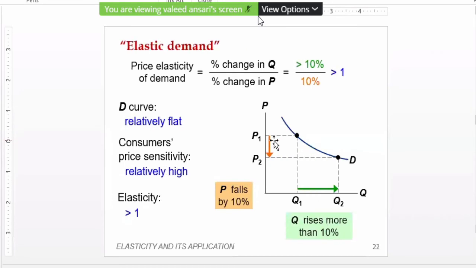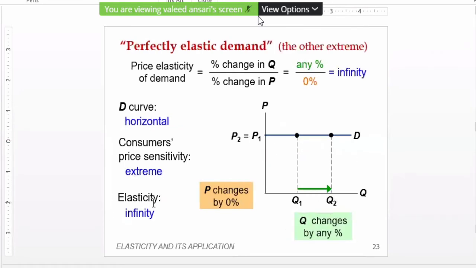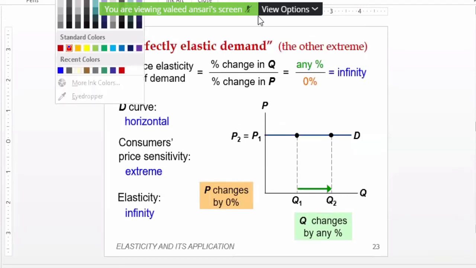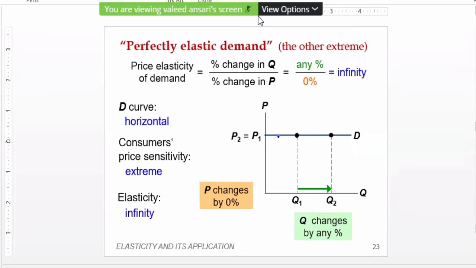Now a case may be where demand is infinitely elastic, and you will come across this in perfect competition. Now you see this demand curve is horizontal. Price is here, quantity is here. At this price any quantity can be sold.